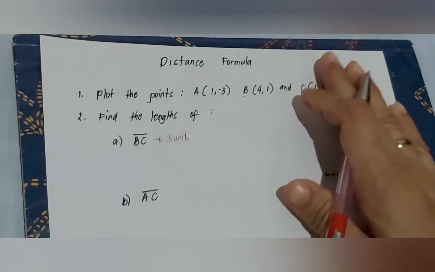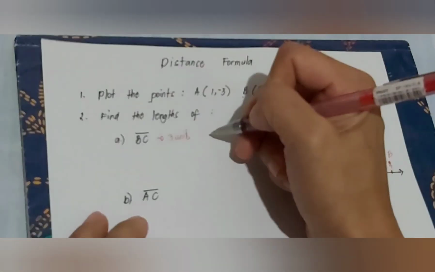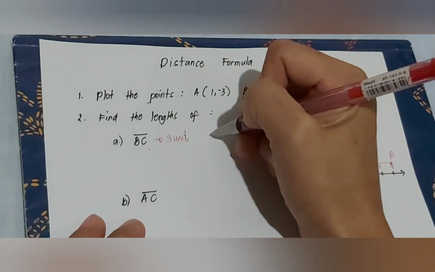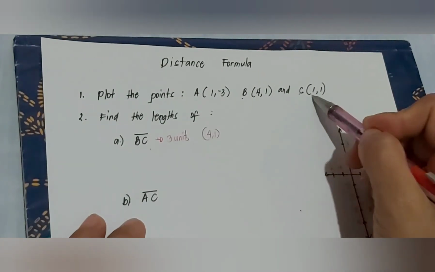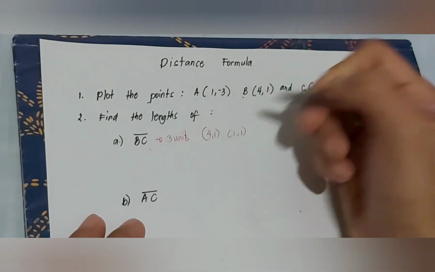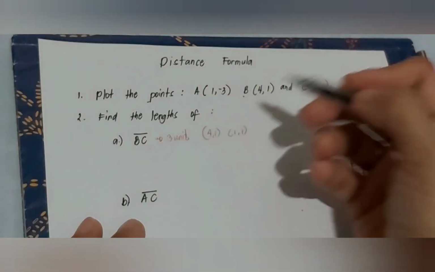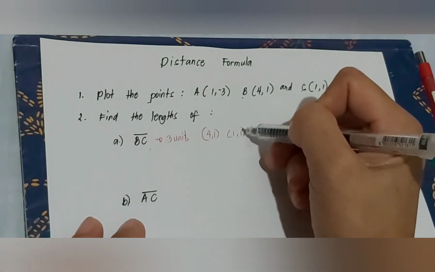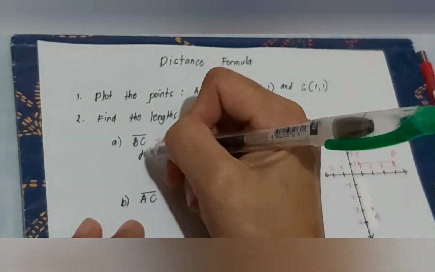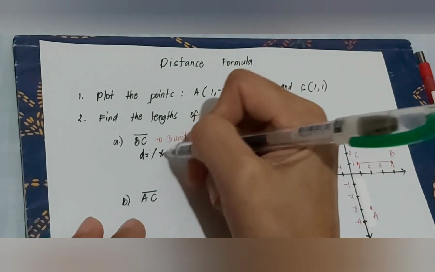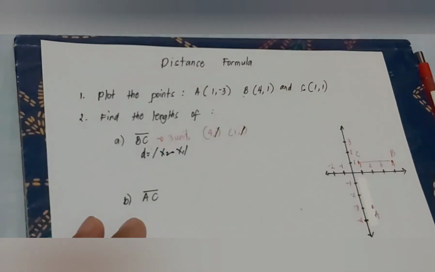Or if we do not have this, rewrite natin yung point B at point C. We have 4 and 1, and C is 1 and 1. Okay. Gamit yung ating previous lesson, alam natin na kapag pareho ang Y, we shall get our X. So to use the formula, X sub 2 minus X sub 1, absolute value, right?